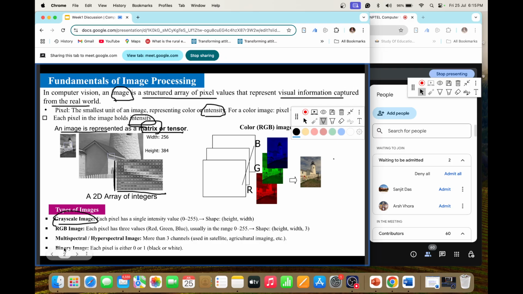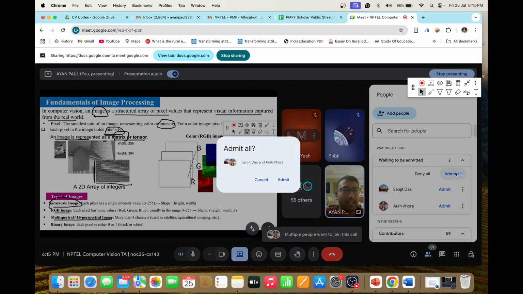Then we have seen the RGB image. There are also different kinds of multispectral or hyperspectral images. An RGB image has three channels, but if an image has more than three channels, it is known as a multispectral or hyperspectral image. So that is regarding the images.